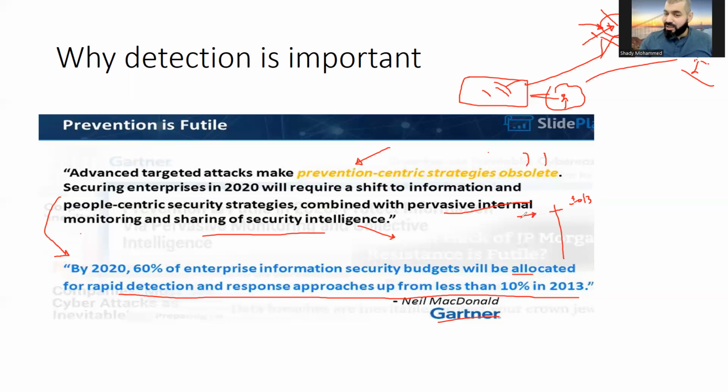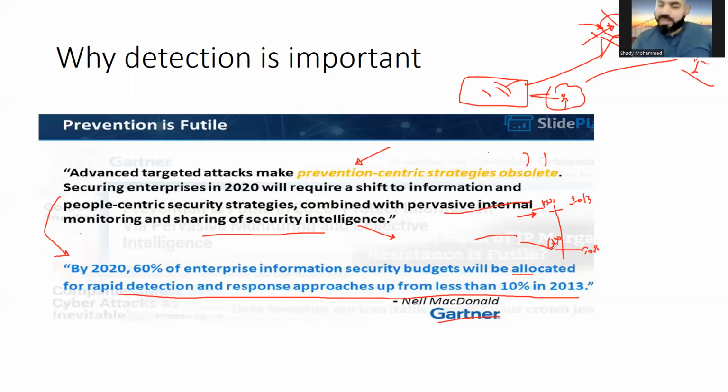You will use only 100,000 out of this 1 million for detection techniques and responding. Now by 2020, we are in 2022 now, but in 2020, this budget will reach up to 600,000 out of all the money coming for IT security. So if we give you another million, you will allocate 600,000 for detection and response.